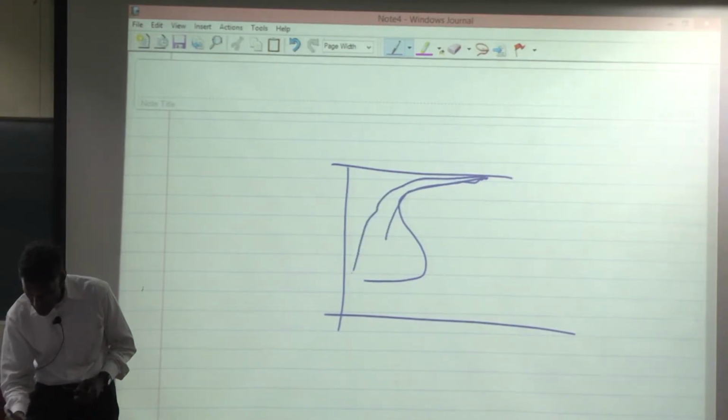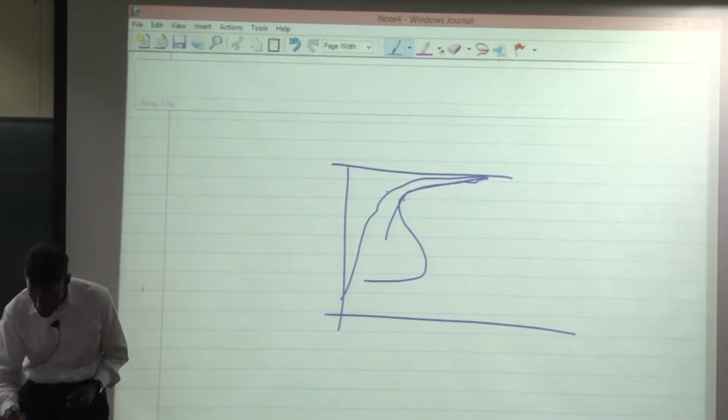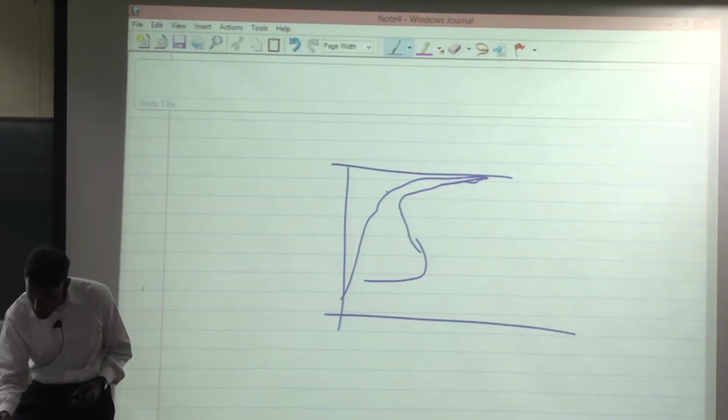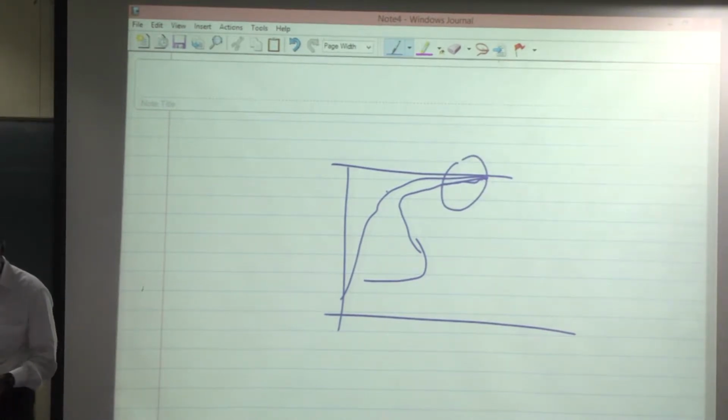So the idea is when will it quench, and when will I get this behavior? I'm going to do a perturbation analysis, an asymptotic analysis in this limit. I'm going to consider a system over here, and then look for large and small activation energies and try to demonstrate the behavior.